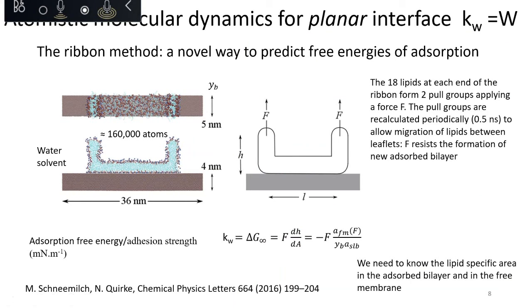So the first thing to do is to try and get information on W, and we're going to do that initially by simulating planar interfaces. So we have a ribbon of lipid membrane, as you see on the screen.